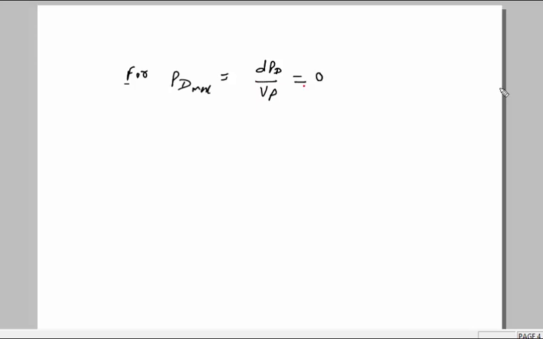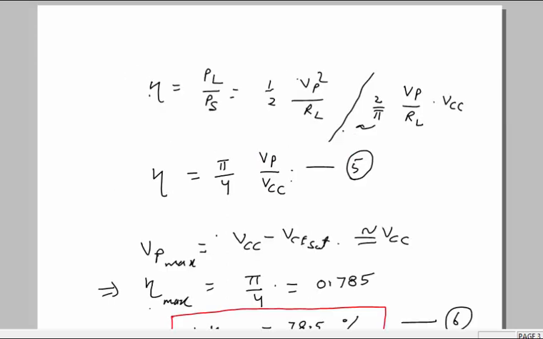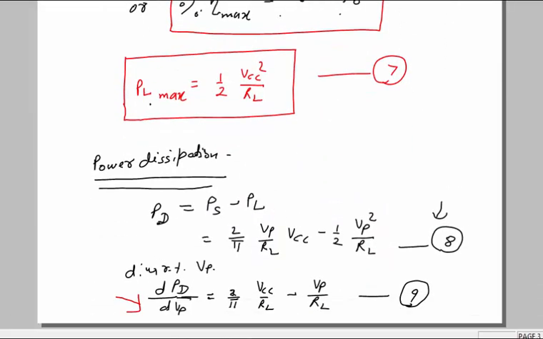After that rate of change will not occur. So we just got the formula for dPD by dVp. So 2 by pi Vcc by RL minus Vp by RL should be 0. This formula is the one which we got last.